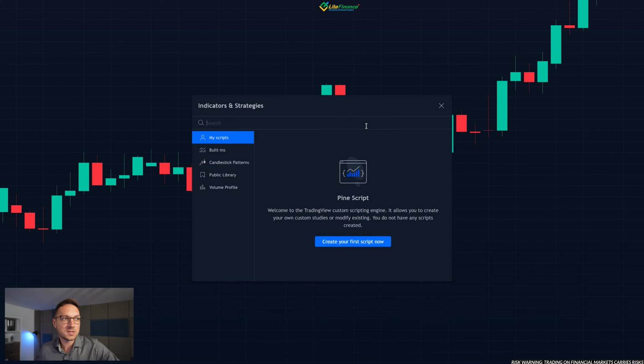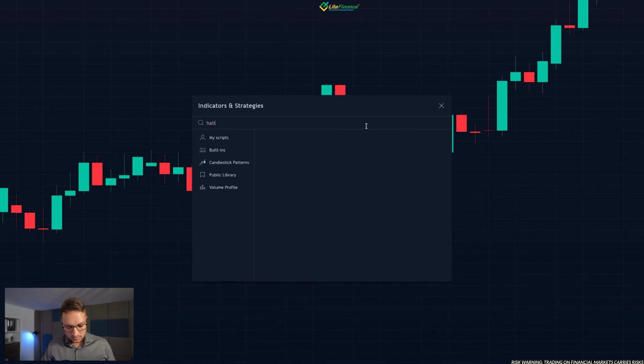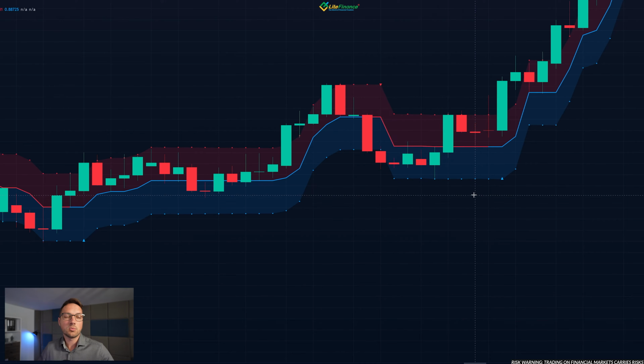So let's just add it to the chart. It is called Half Trend. Don't forget to add it from the library, from the publisher Everget. Click on that and you will see that it looks like Bollinger Bands more or less, but maybe better visually.